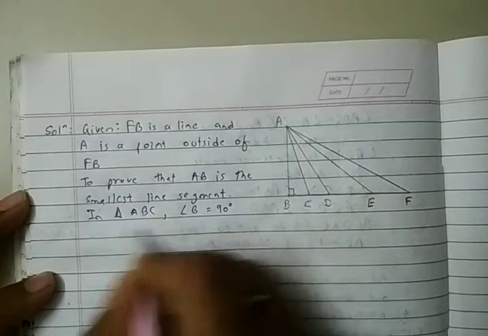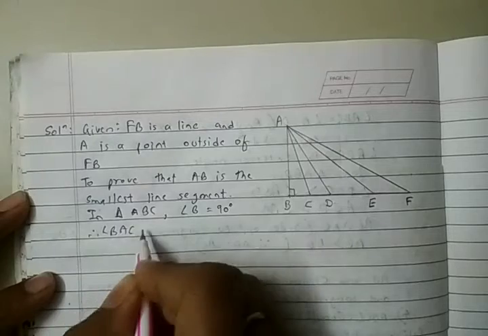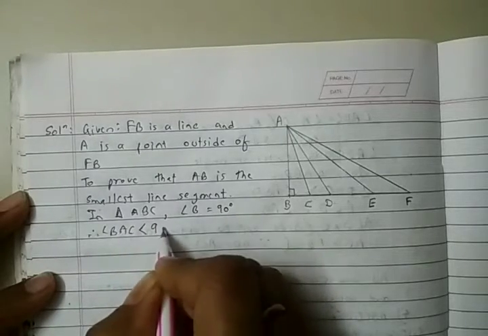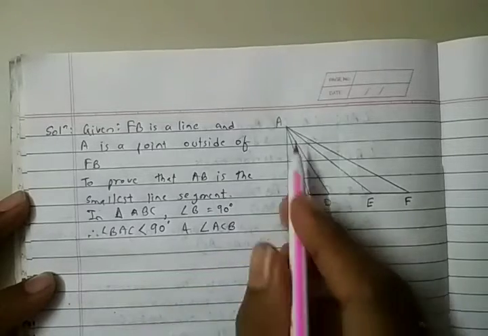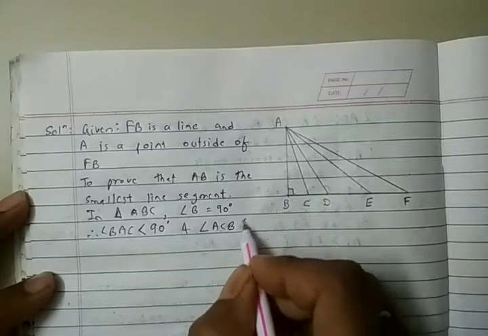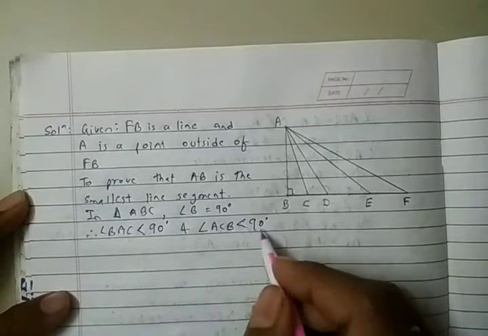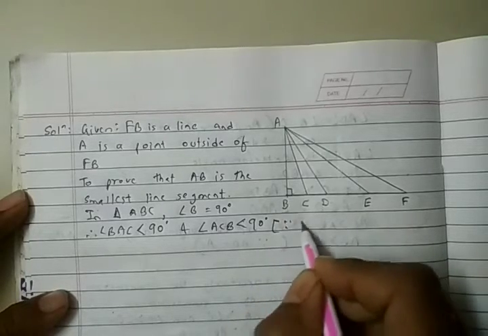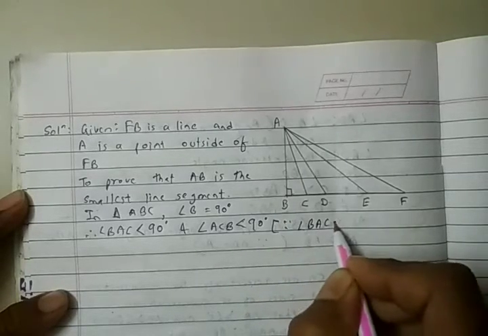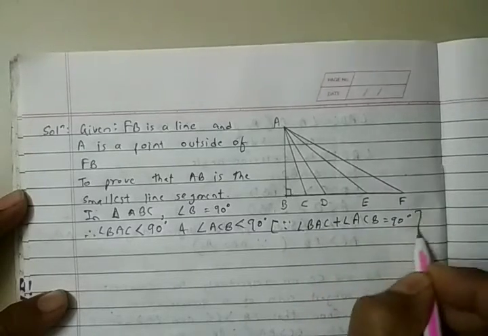Now in triangle ABC, angle B is how much? 90 degrees. It is a right angle. So therefore you can say that angle BAC is less than 90 degrees and angle ACB is also less than 90 degrees, right? How can we say this? Because angle BAC plus angle ACB is equal to 90 degrees, right?